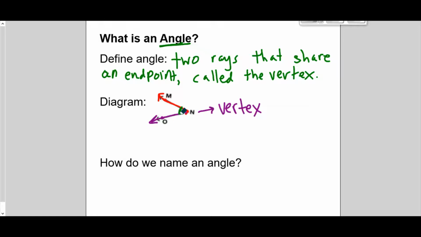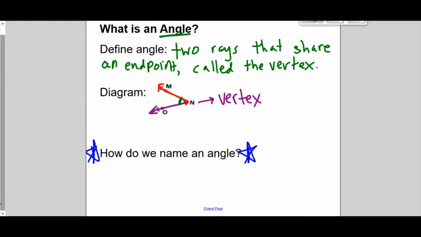So how do we name this angle? This is very important, so please make sure you write this. How do we name an angle? There's three ways to name any angle. The first way is we could name the angle with the vertex. Remember, that vertex is the endpoint that they share.